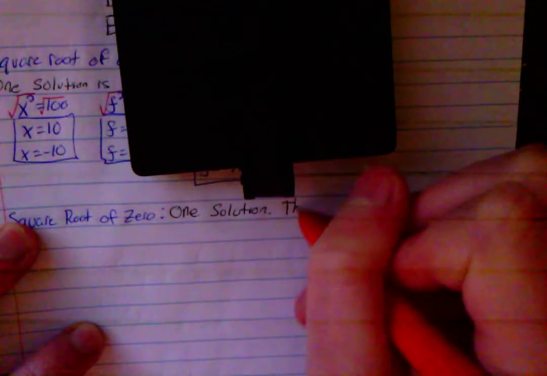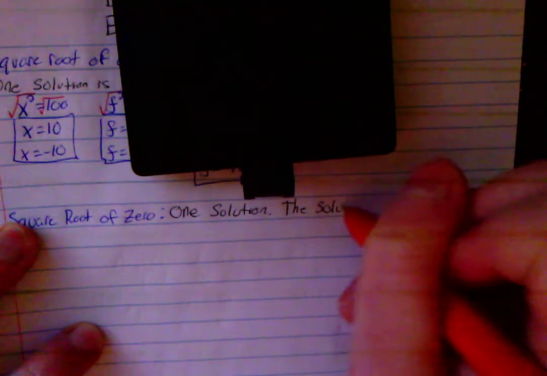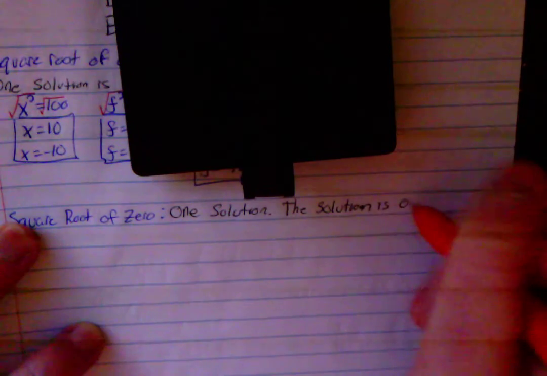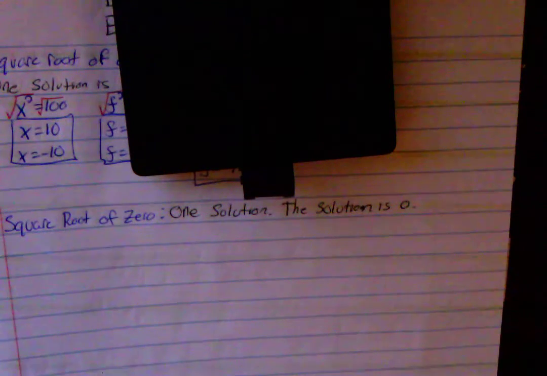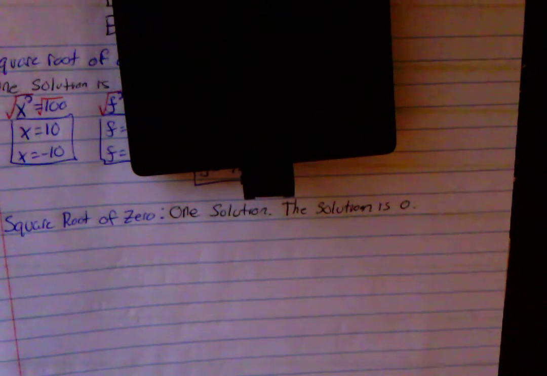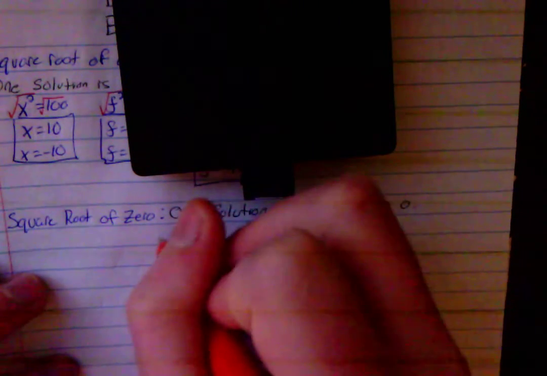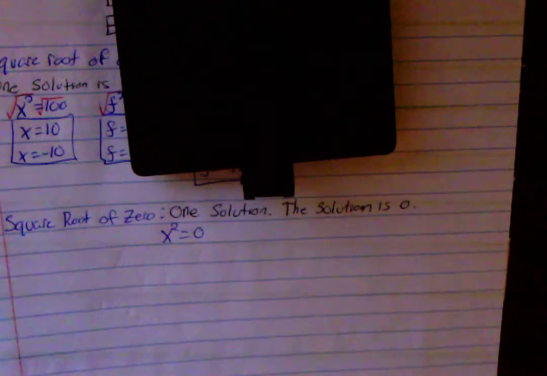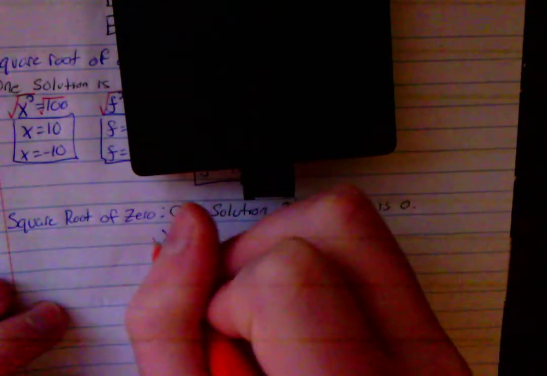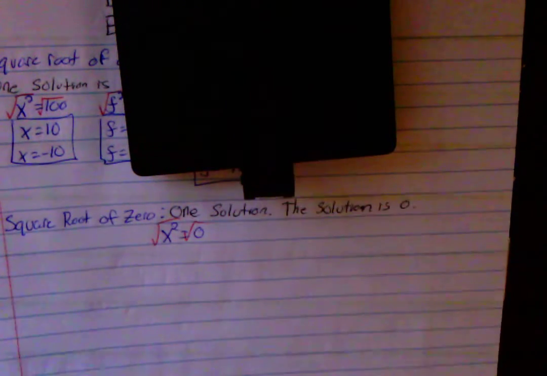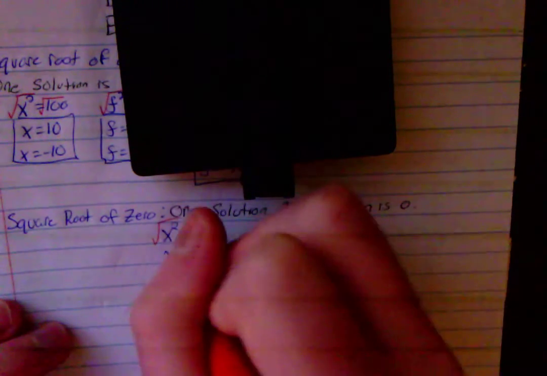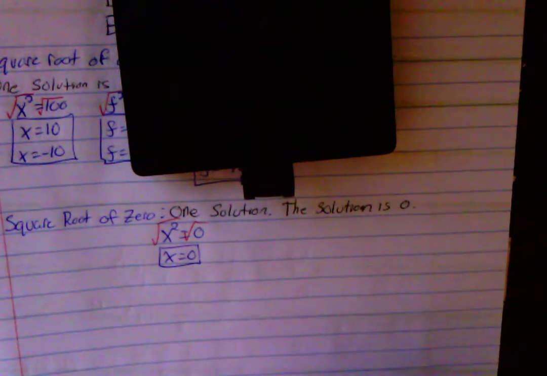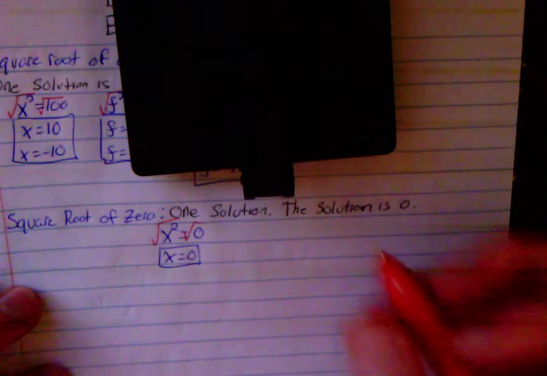And that solution is 0. So what do I mean? Well, I mean if you have x squared equals 0, we take the square root. X equals 0. It's the only thing it can be. 0 cannot be positive, 0 cannot be negative.